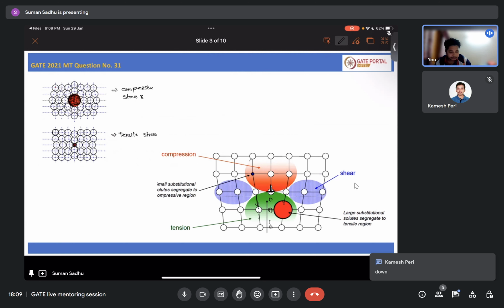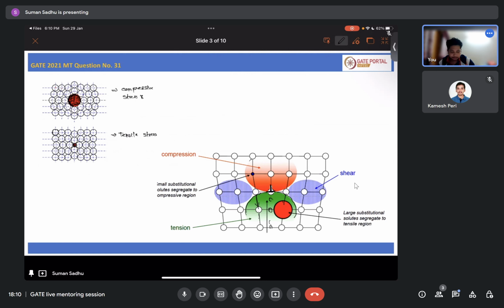As the bottom half of your edge dislocation is under tension, if you put a large substitutional solute atom, as it creates a compressive strain surrounding its area, it will try to go to the region where the atoms are in tension, so that relaxation will happen.